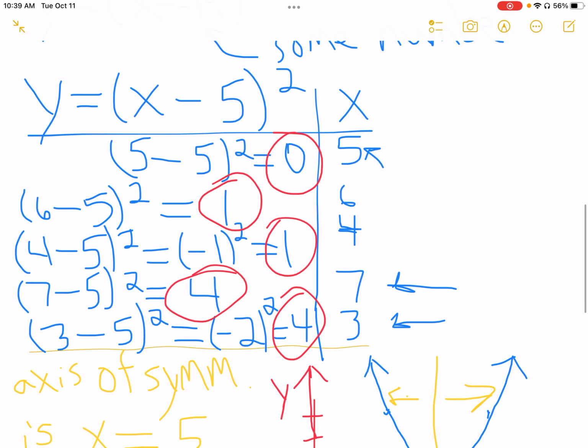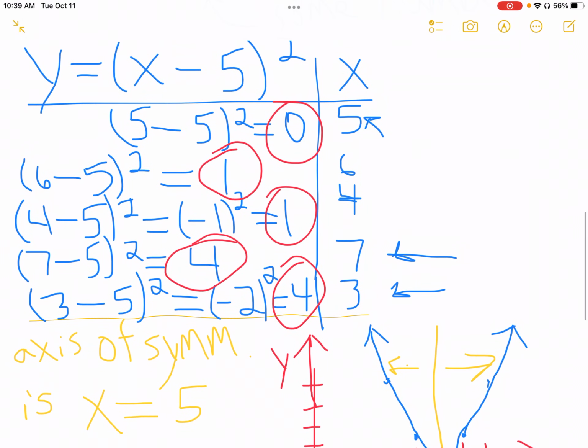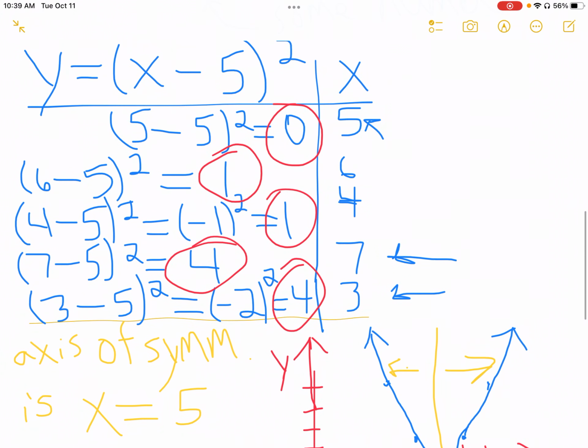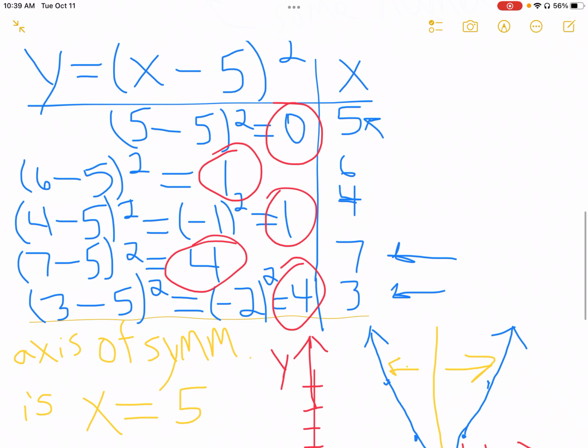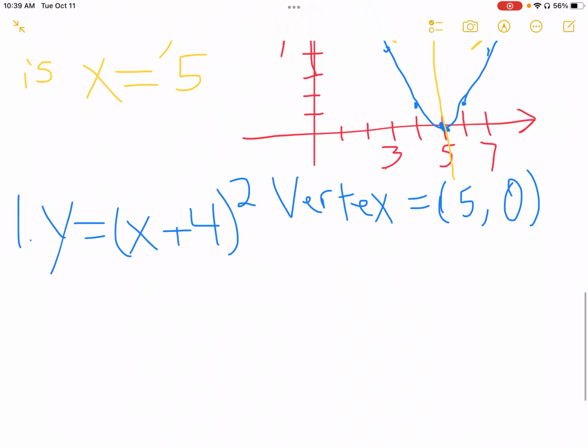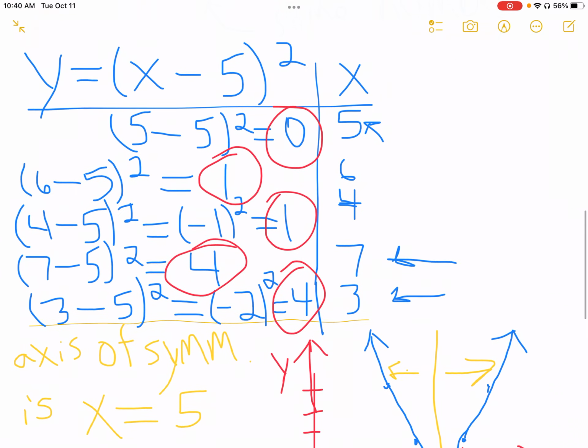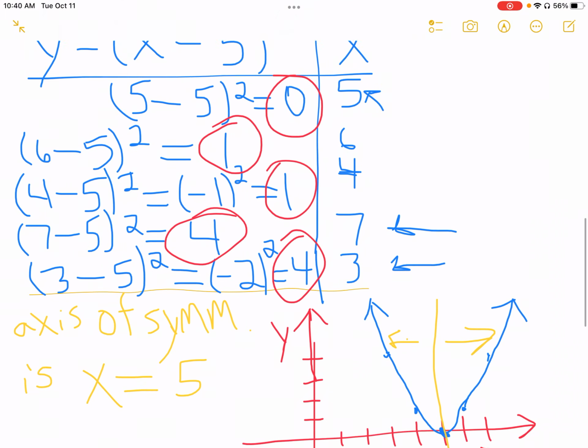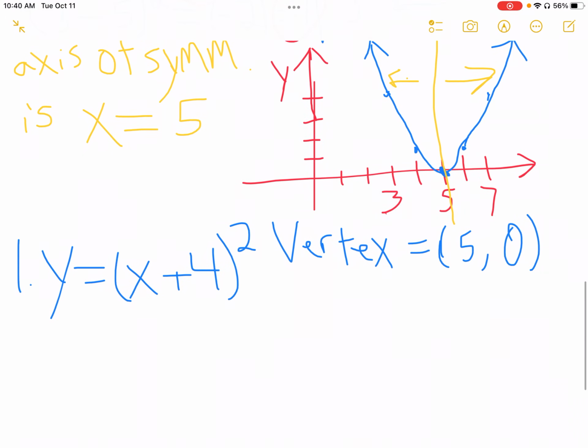This one said x minus 5, and what I did there is I picked x values equal to 5, on this right side. So if I want this in parentheses to be 0, then I want to pick x is minus 4. That might be my first point to start with. Minus 4, and it's basically the opposite: it's not x plus 5, but x plus 4.